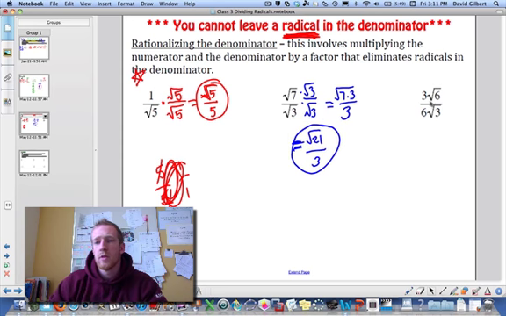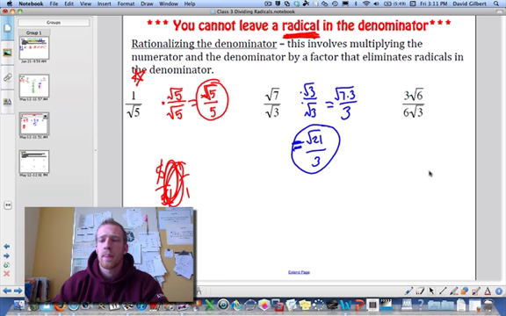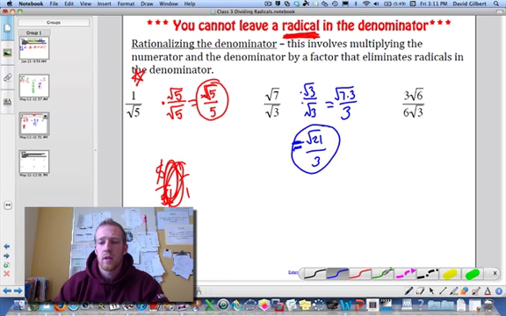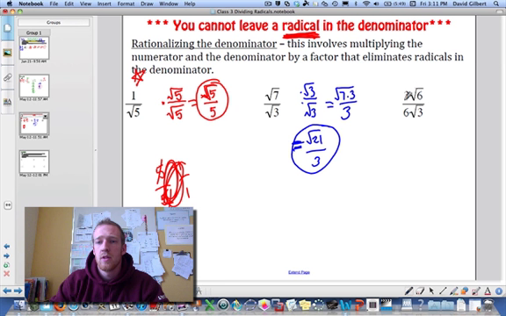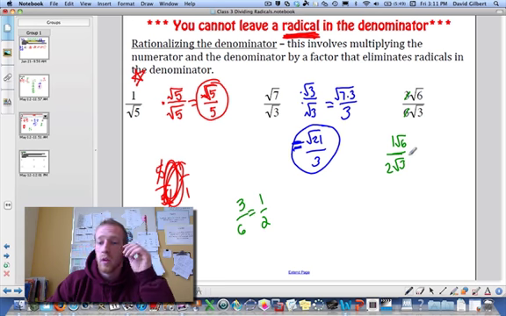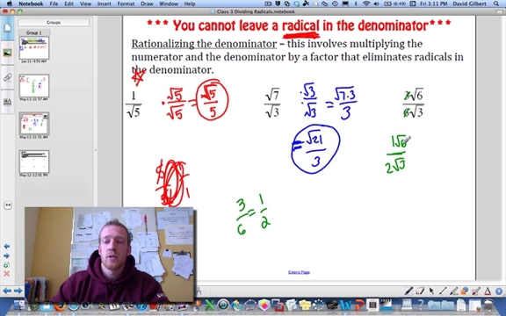So now we're going to do our last one here. So right off the bat, I notice that I can reduce these. This 3 and this 6 is just like your plain old 3 over 6, which would reduce to 1 over 2 any old day of the week. So that's going to be 1 root 6 over root 3, 2 root 3. Now, you should notice that 3 goes into 6.